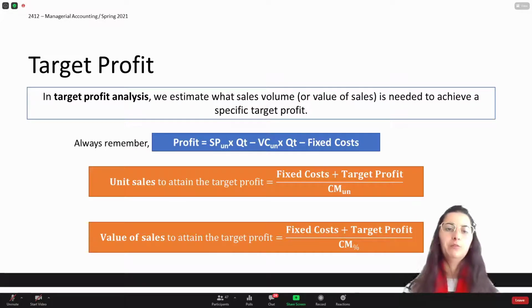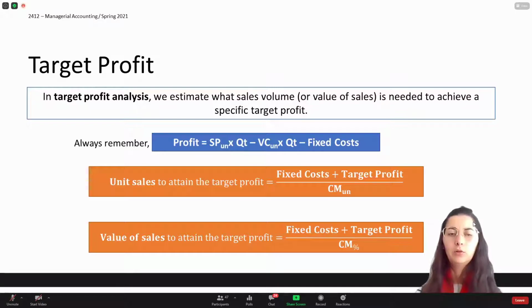For instance, if we want to know the quantities, we work out the formula, and that would be the first orange box there, in which the target profit quantity is equal to the fixed costs plus the target profit divided by the contribution margin per unit.